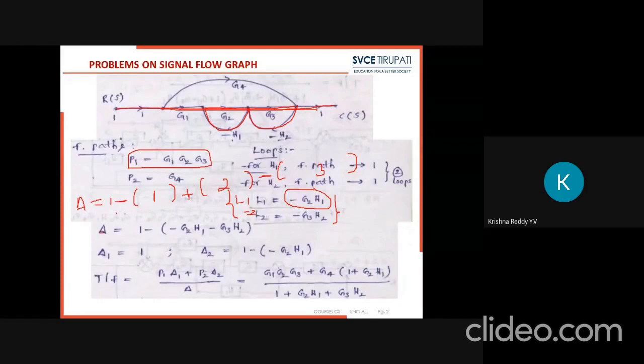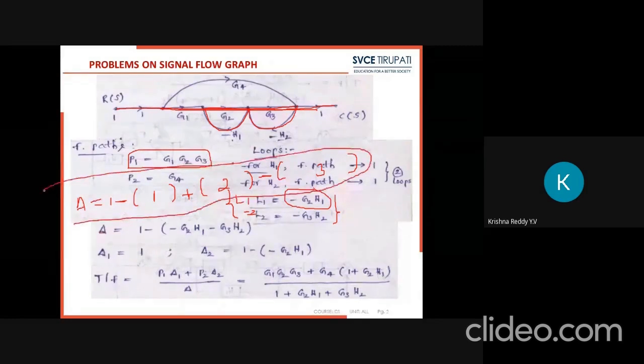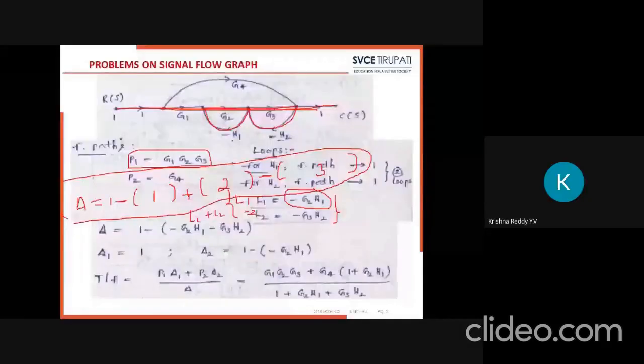This is the delta calculation procedure. Here delta is 1 minus the sum of the loop gains, which means 1 minus G2H1 minus G3H2, equal to 1 minus (L1 plus L2). L1 value is minus G2H1, L2 value is minus G3H2.